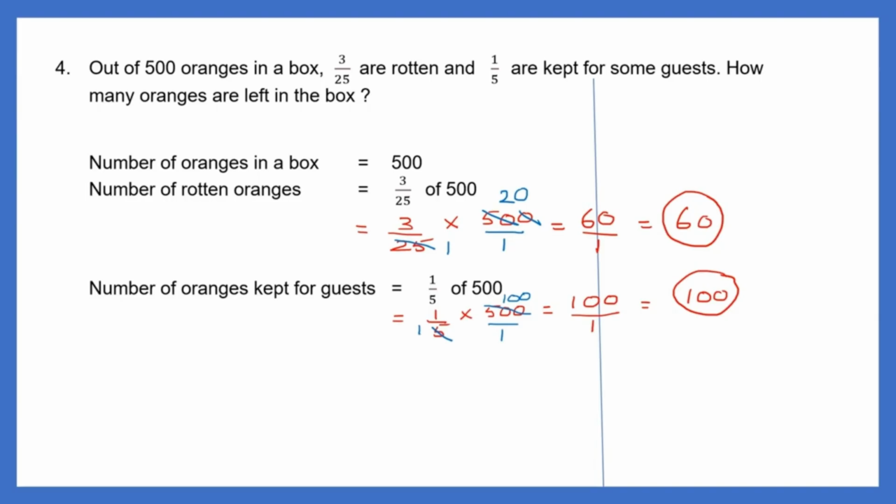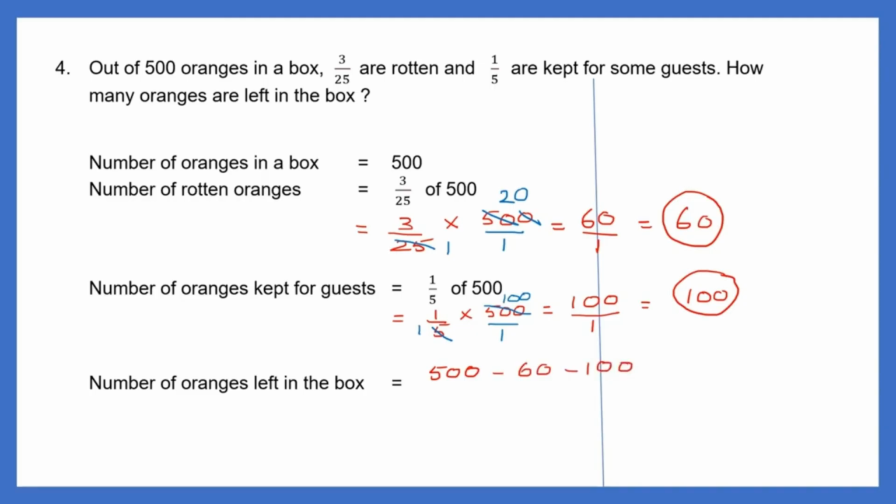Now how many oranges are left in the box? Okay, number of oranges left in the box. Now first, how many do we have? We have 500. From that, let us take away the 60 rotten oranges and also take away the 100 oranges kept for guests. So it is 500 minus 60 minus 100.